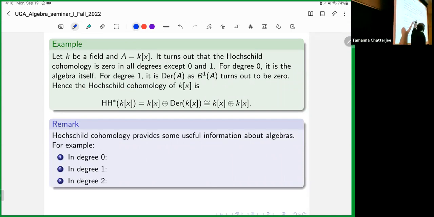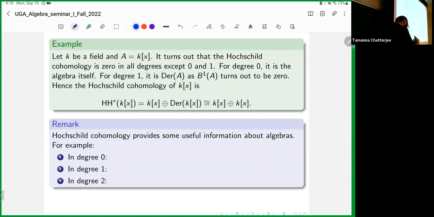For degree 1, for D1 we have derivations, and for B1 we have 0. And so we have derivations of K[x]. So this is the Hochschild cohomology of K[x].